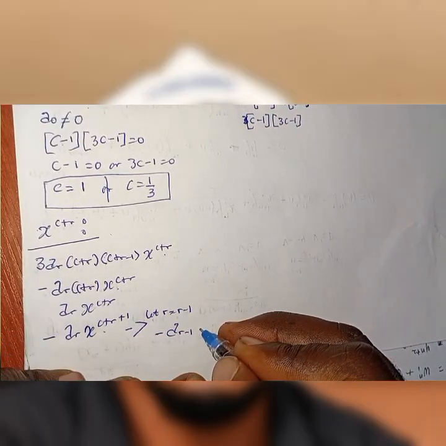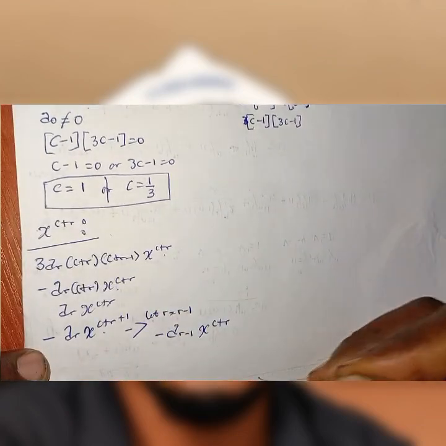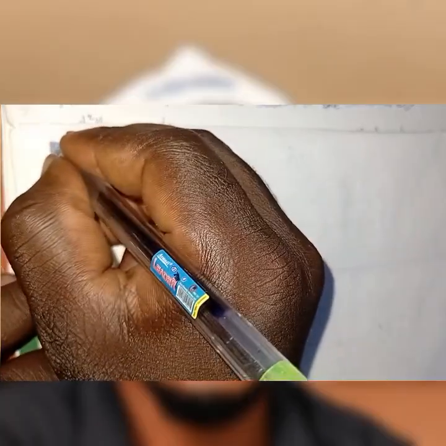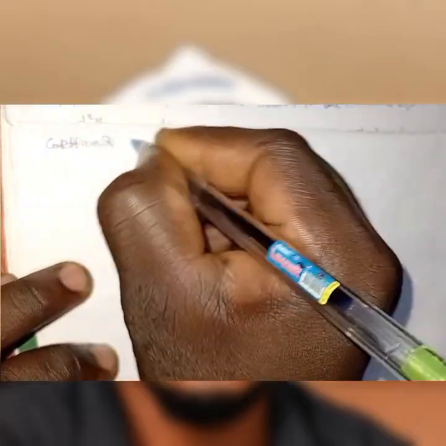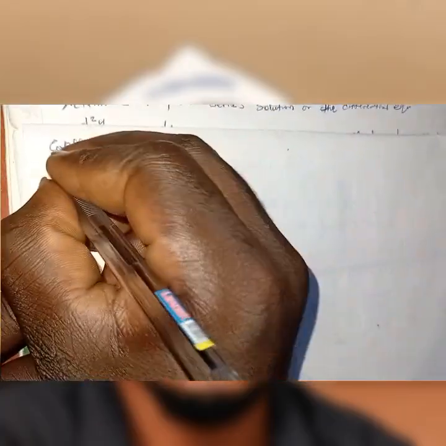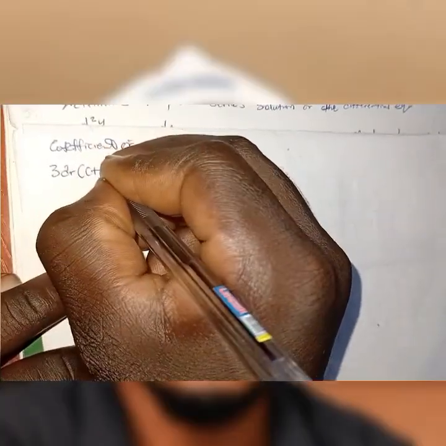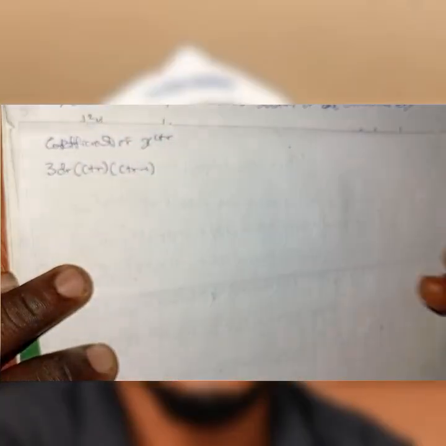Then x raised to the power c plus r. So they are now the same. Now the coefficient of x raised to the power c plus r will now be 3 a_r (c plus r minus 1).